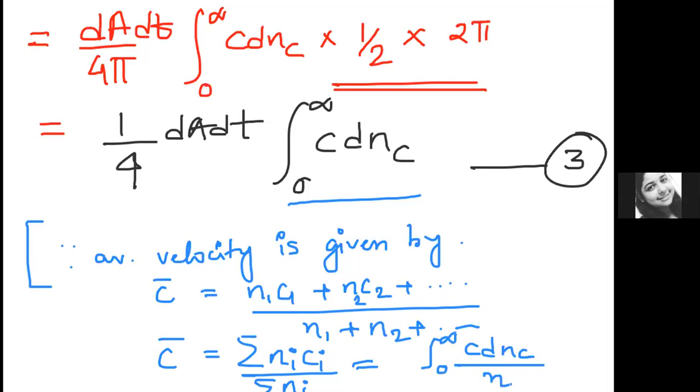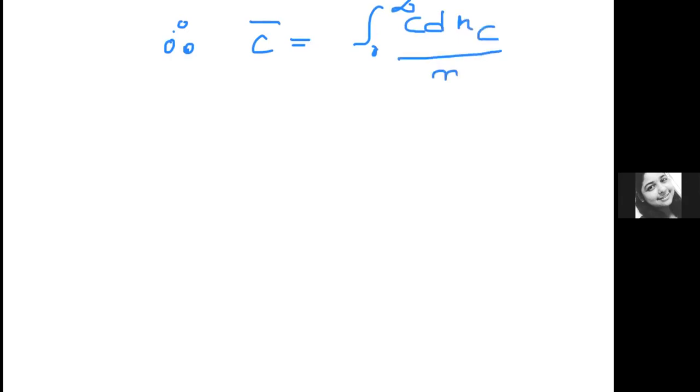Just the thing is that this summation can be rewritten in the format of integration, where I can replace this thing. I can therefore write C bar equal to the integration of 0 to infinity C dN sub C by n.